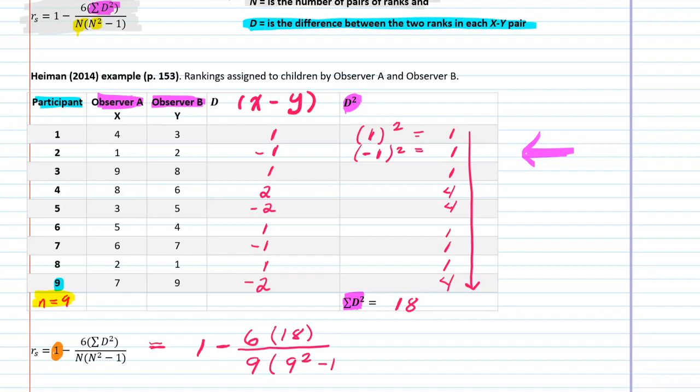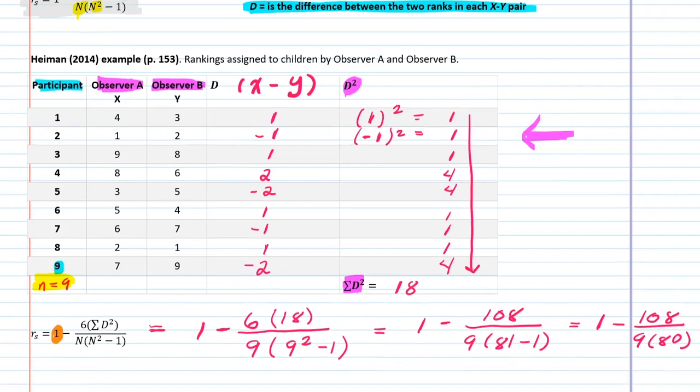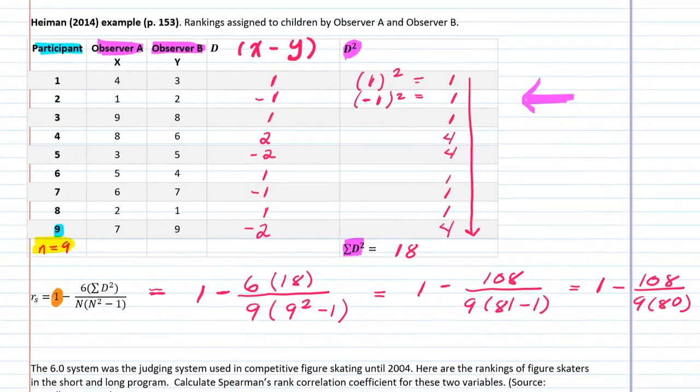9 squared minus 1. So it's going to be 1 minus 108 divided by 9 times 81 minus 1. So 1 minus 108 over 9 times 80. And then I get 1 minus 108 minus 108 divided by 720.